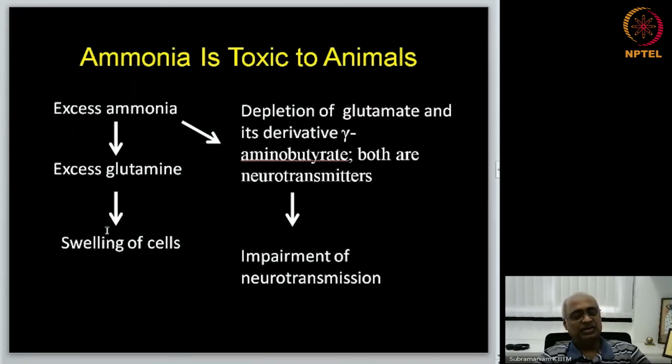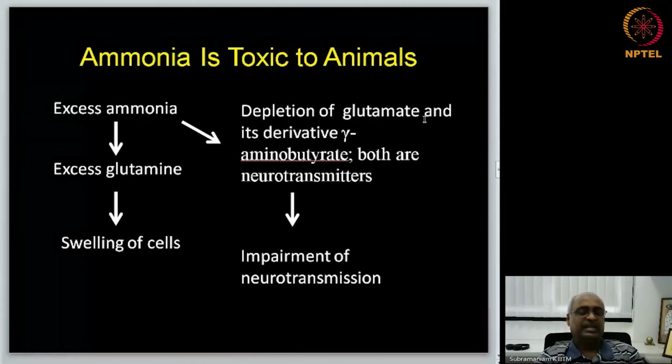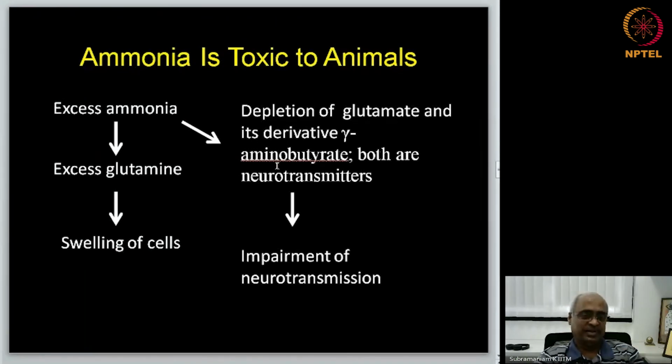You don't want excess glutamine, and to prevent that you need to get rid of ammonia. Similarly, when you do this conversion you use up glutamate, and then glutamate will not be available, and it will not be available for production of molecules for which glutamate is a precursor.